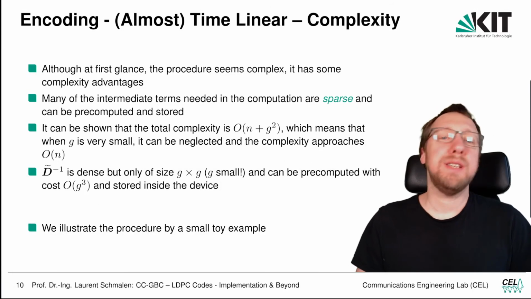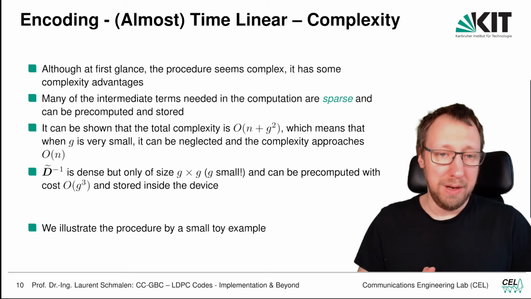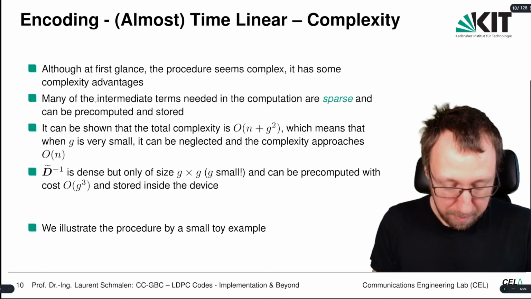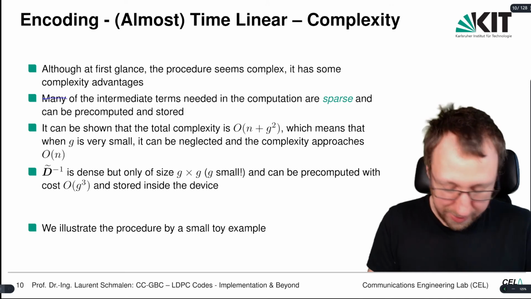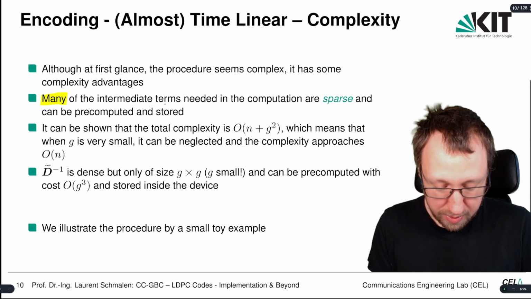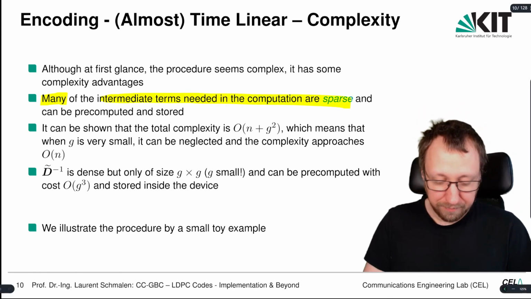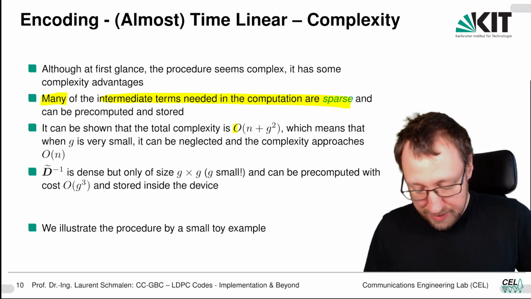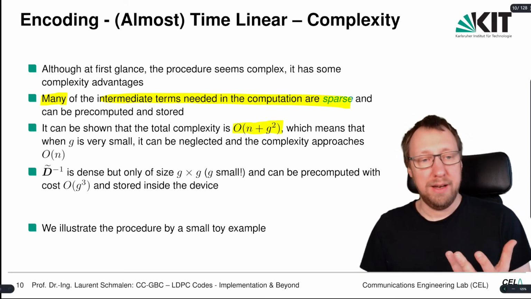The procedure seems at first glance quite complex, but if we take a closer look, many intermediate terms are actually sparse. They contain only a few elements. Then we can show that the complexity order is n plus g squared.